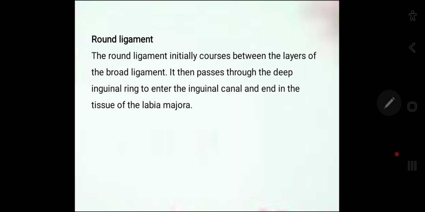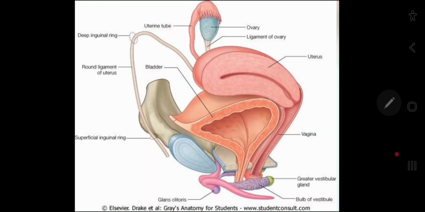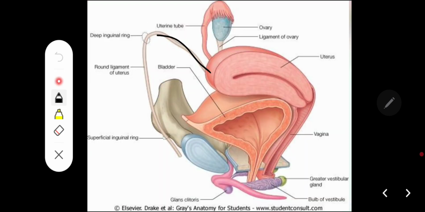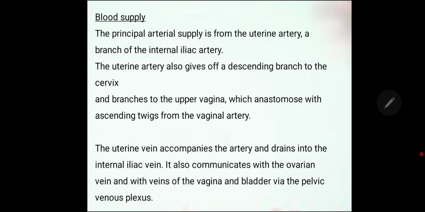It's one of the contents of the broad ligament, as we said. These are the round ligaments from the uterine corners to the labia majora, entering the inguinal canal through the deep inguinal ring to the superficial inguinal ring. These four ligaments support the uterus.